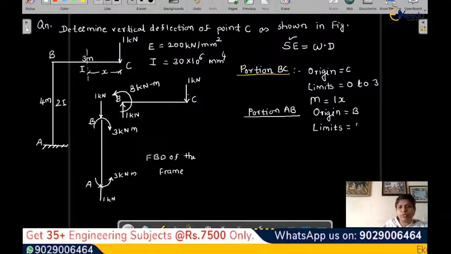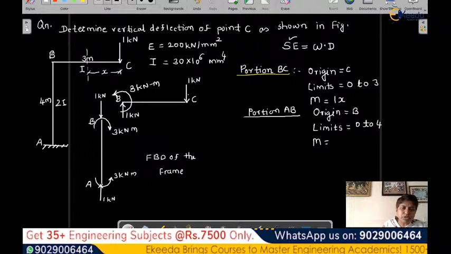Limits will be 0 to 4. So we are starting from this end, 0 to 4. Then the moment equation: because of the load there won't be any moment, right? So what is the moment over here? Net moment, if you see, it is only 3 kilonewton meter. So 3 we will write over here.